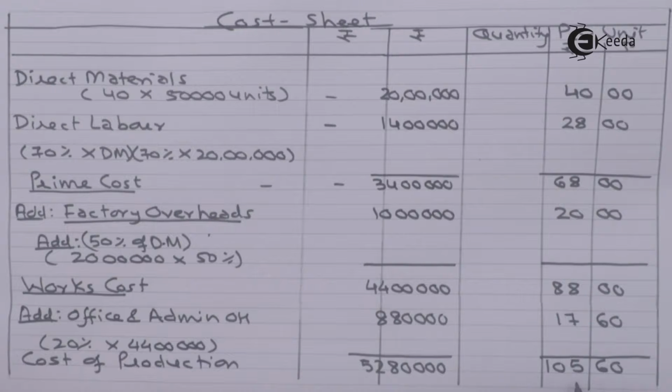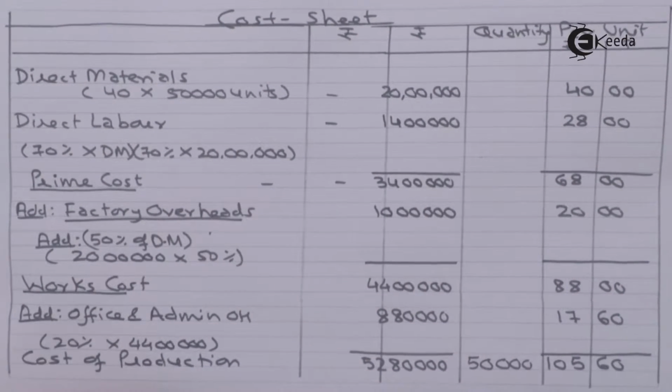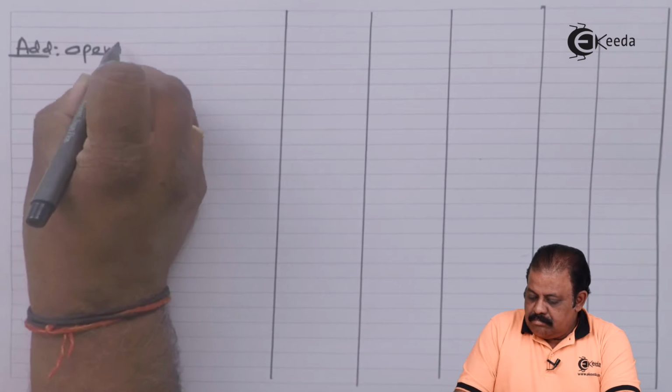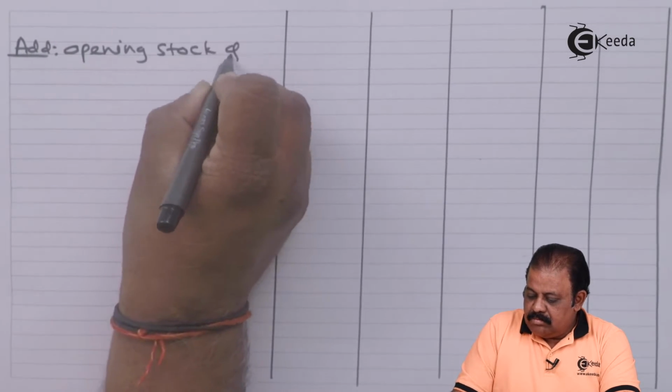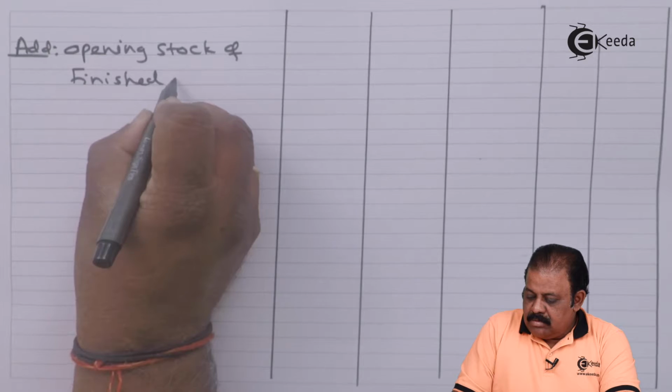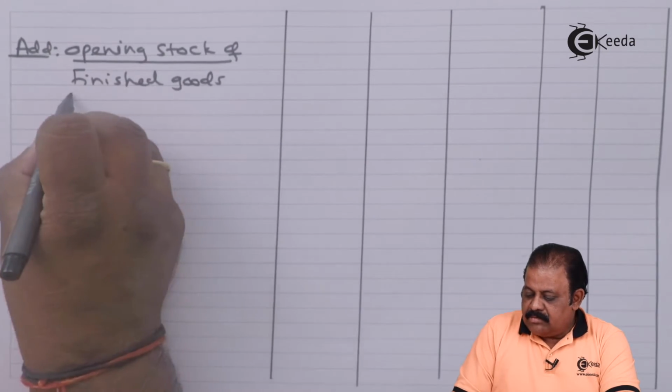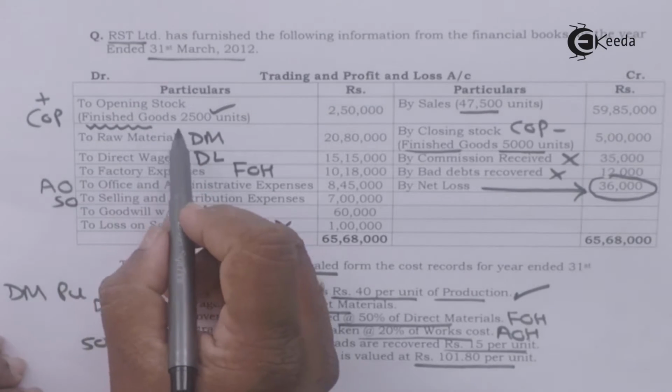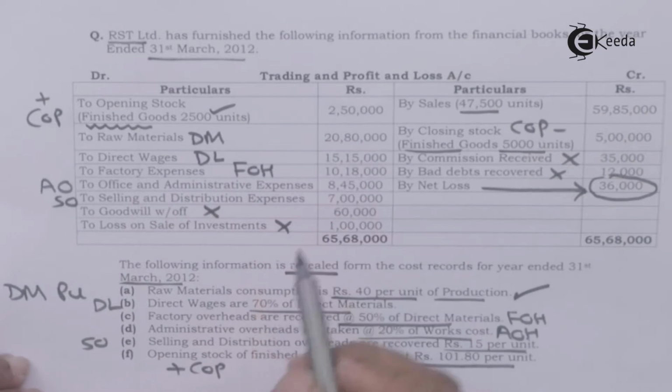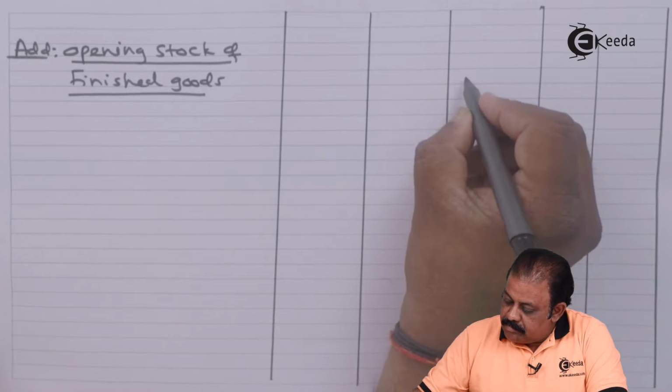Per unit it is 105 rupees 60 paise. There is opening stock of finished goods 2,500 units, and here they have said opening stock of finished goods is valued at 101.80 paise per unit.